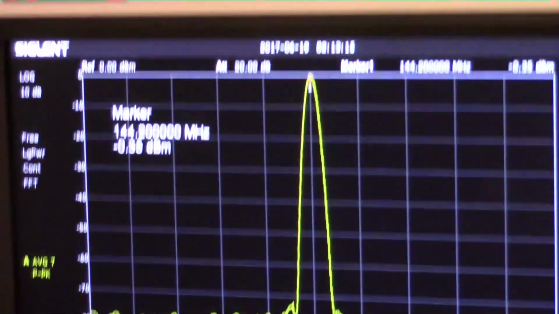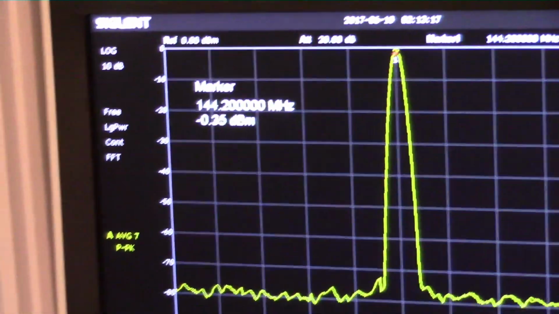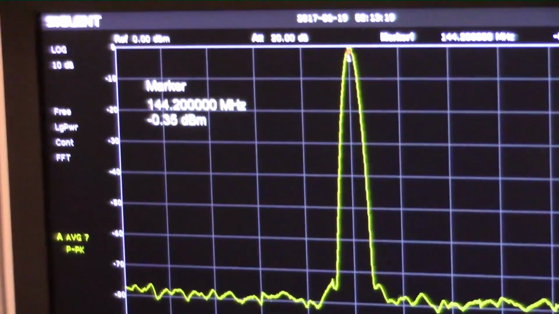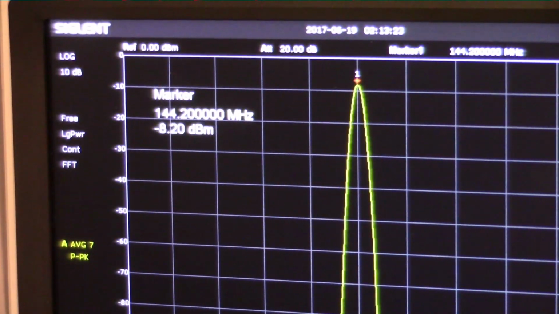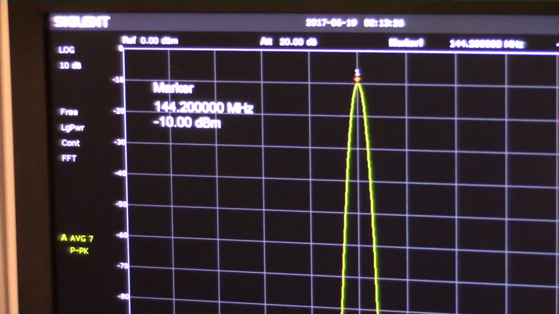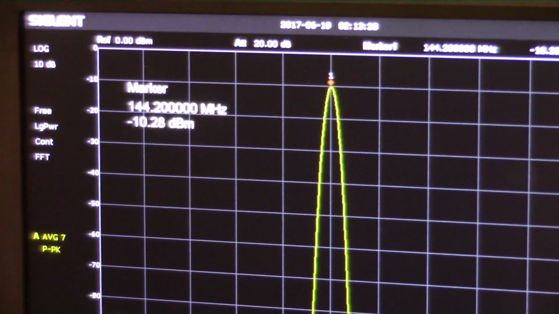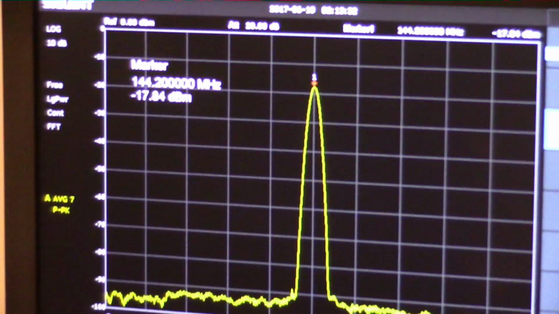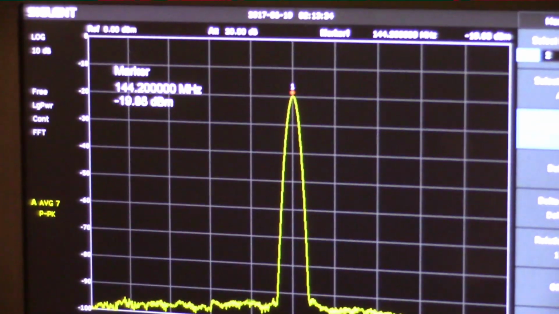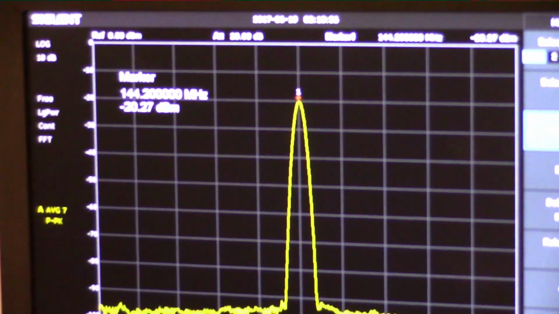And I'm not going to go to the trouble here, I don't want to waste your time, but you can see that if I advance the 10 dB attenuator, we do in fact see about a 10 dB change. I can advance it another 10 dB.